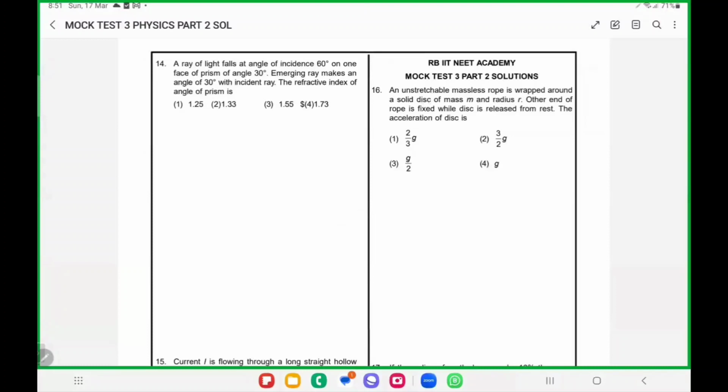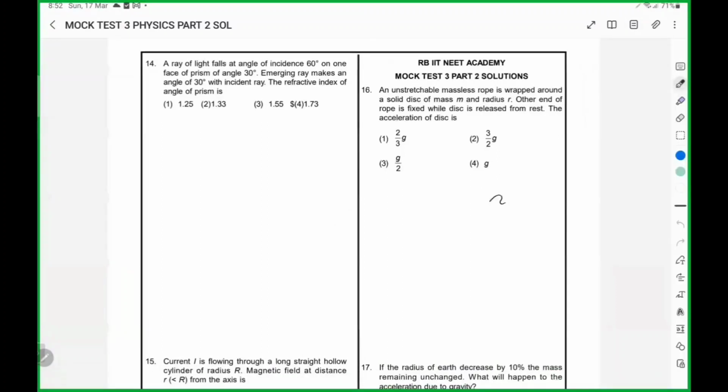Here, an unstretchable massless rope is wrapped around a solid disc of mass M. The other end of the rope is fixed while the disc is released from rest.